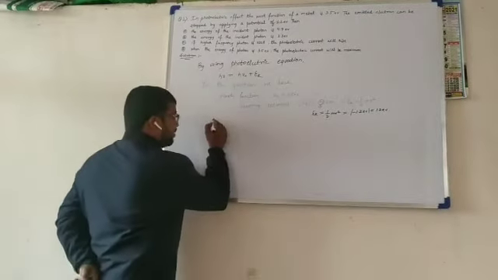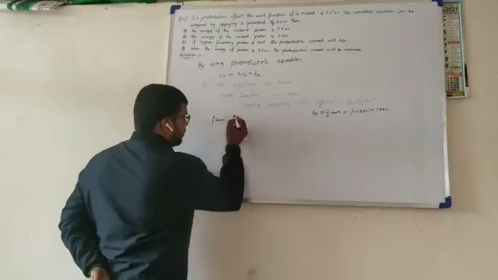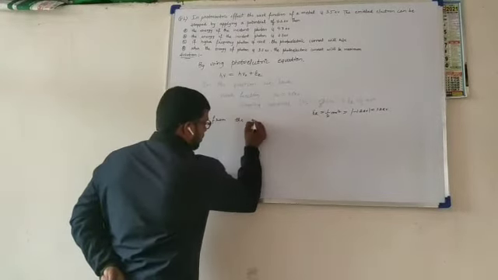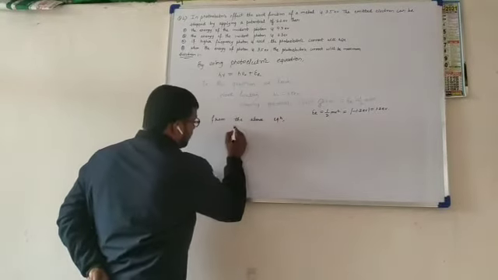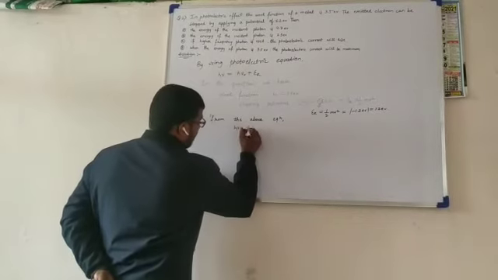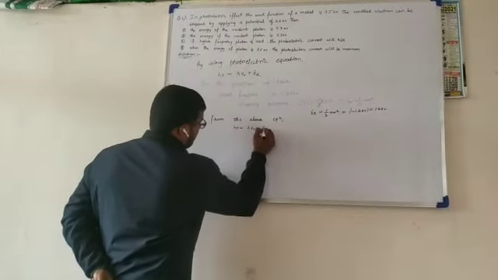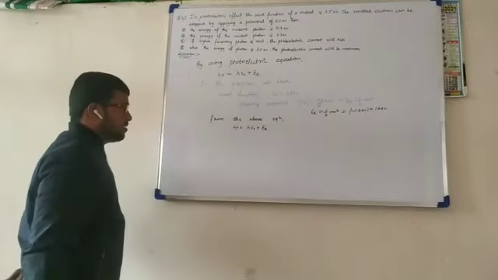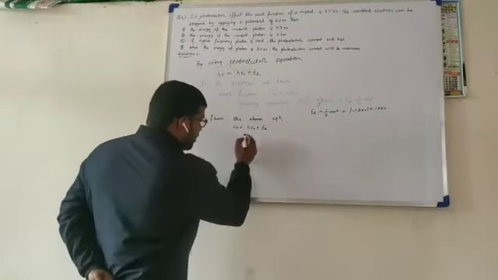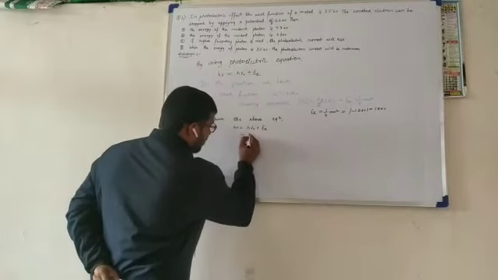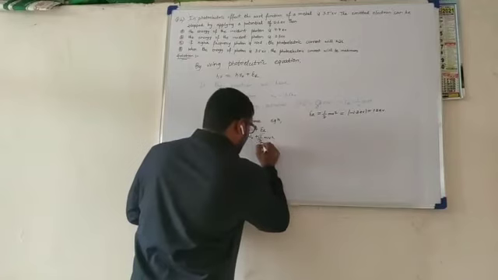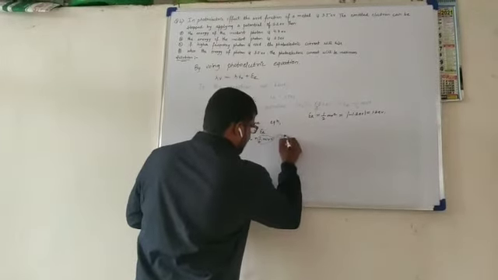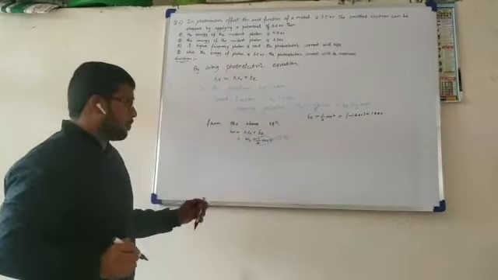So from the above equation, we know h nu equals h nu naught plus kinetic energy. This can also be written as work function plus half m v square, and this half m v square can be represented by the stopping potential.